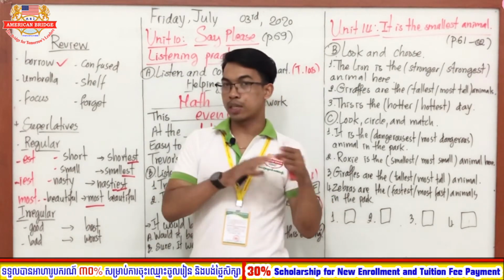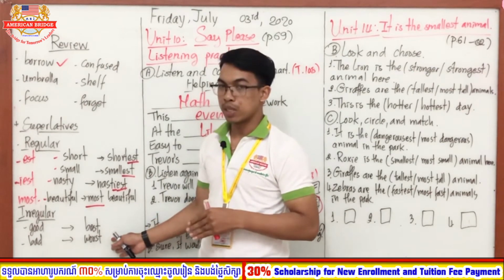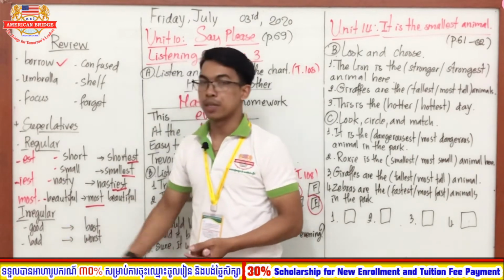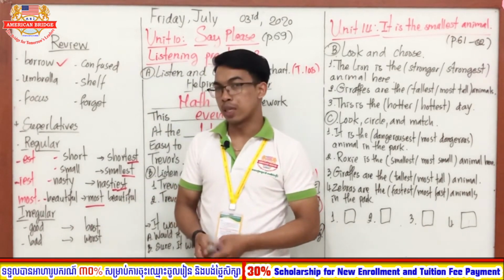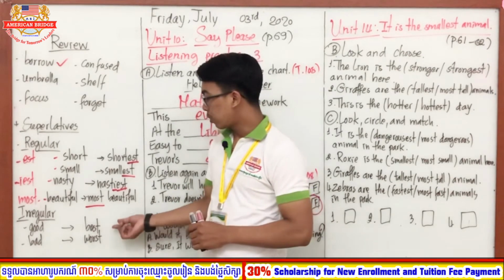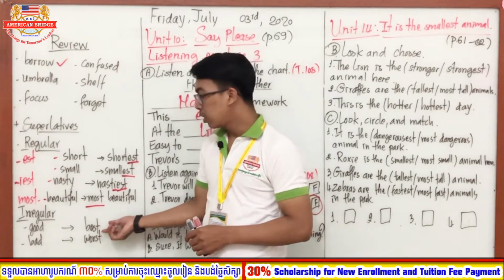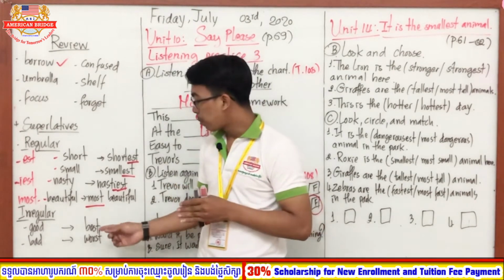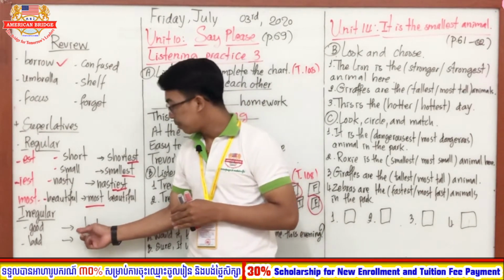Now let's move on to the irregular. Irregular means that it changes to the superlative adjective by changing the base form of the adjective. The word good is an adjective. When we want to change it to the superlative adjective, it becomes best. And the comparative adjective is better.